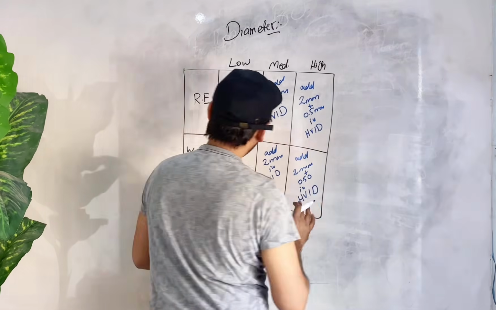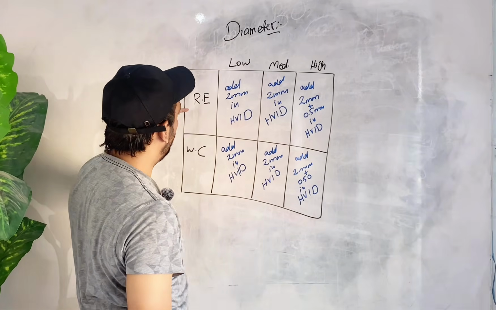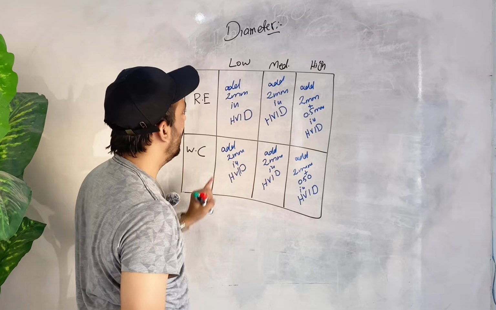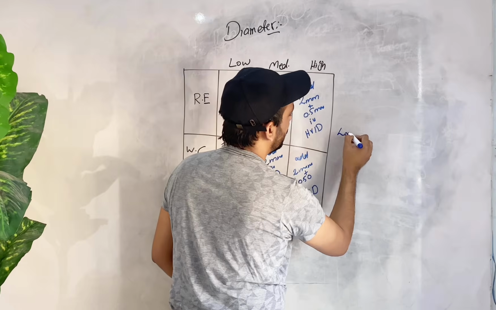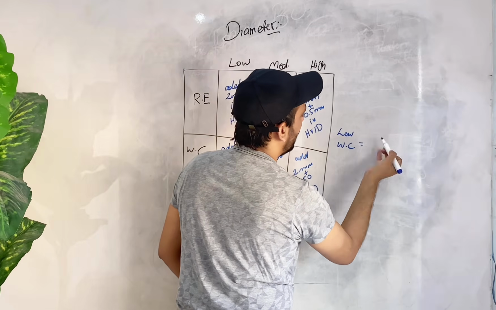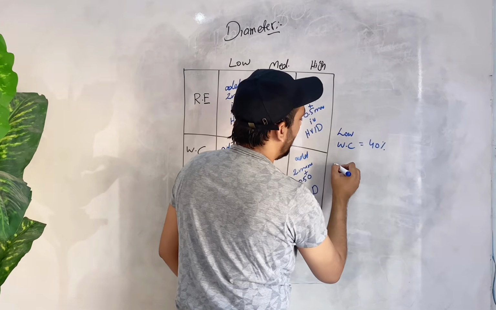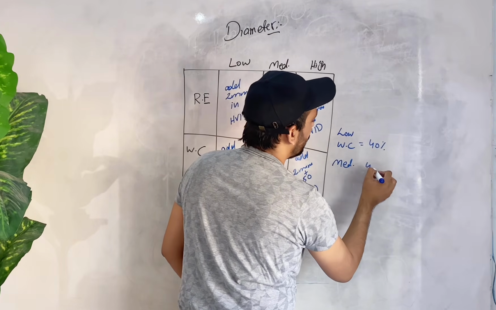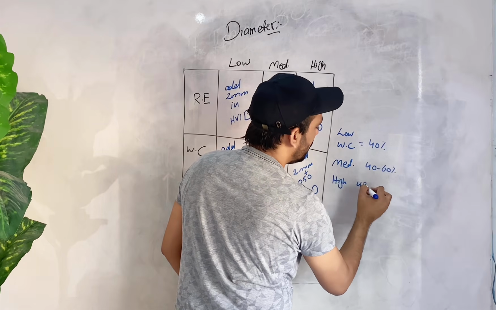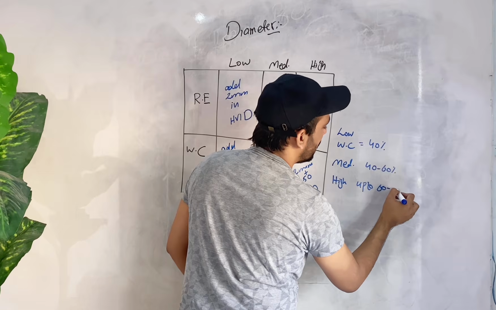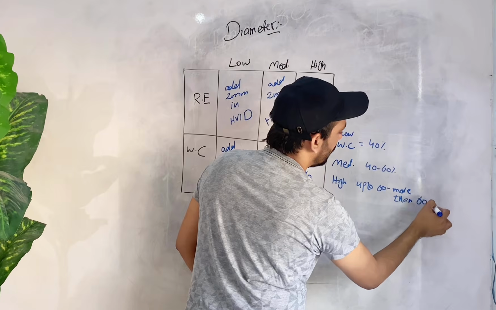And I hope you can see the different parameters regarding the refractive errors and the water content. If low, if medium, if high, right? Low water content means up to 40%, medium water content means 40 to 60%, and high water content means more than 60%, right?